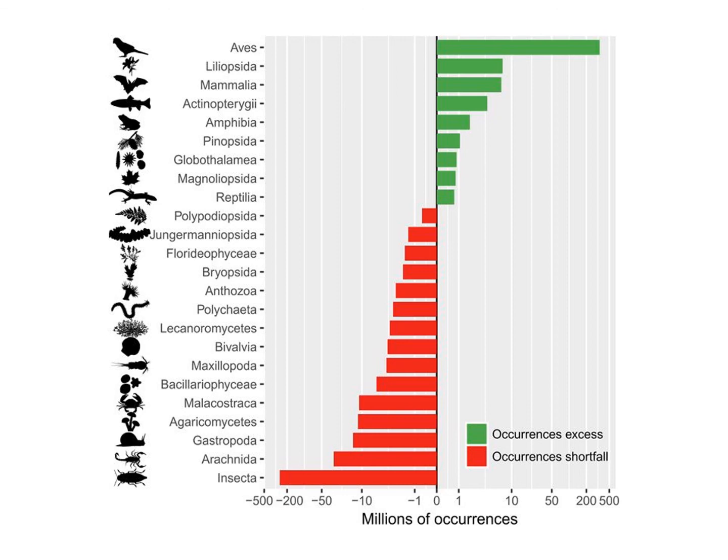So we can say, for example, that birds are overstudied, right? There's many more ornithologists studying and publishing about birds than there are entomologists studying and publishing about insects, right? So compared to how many insects there are, there are very few entomologists compared to how many birds there are.